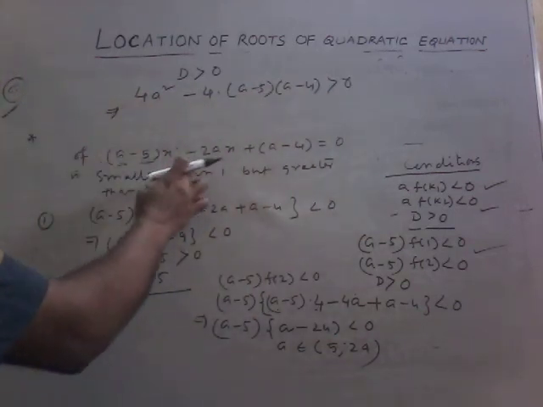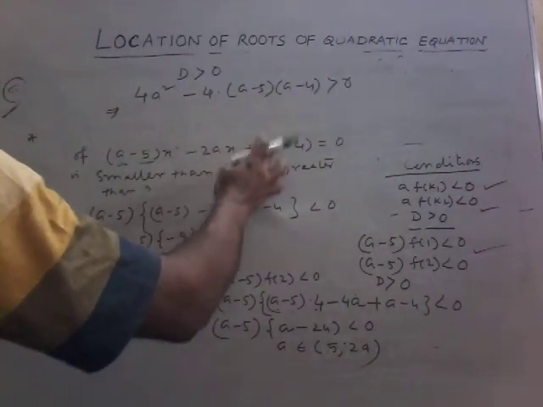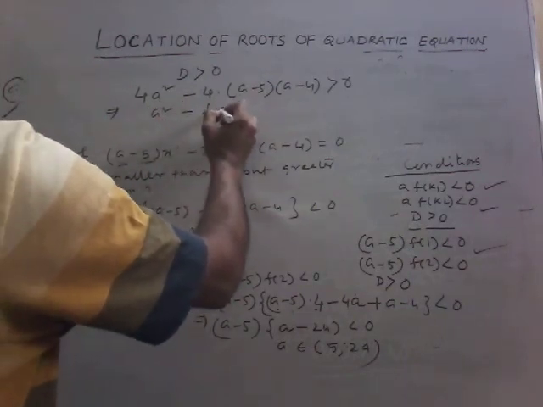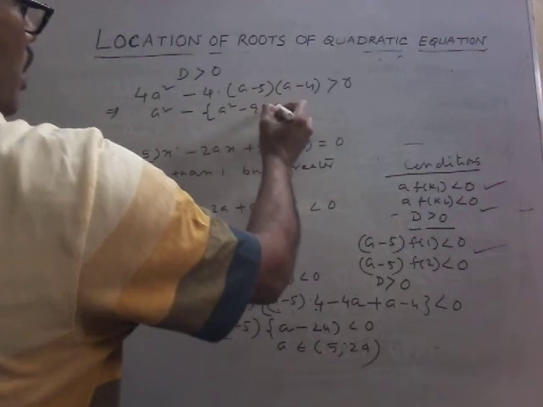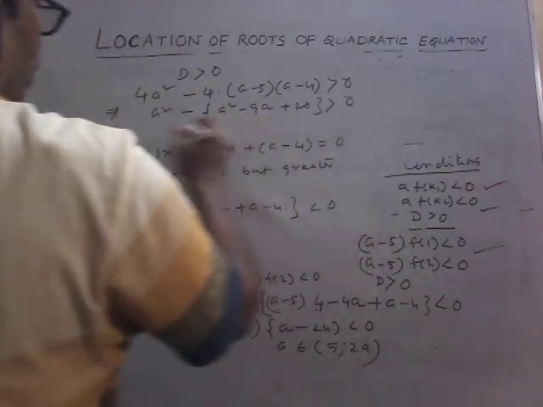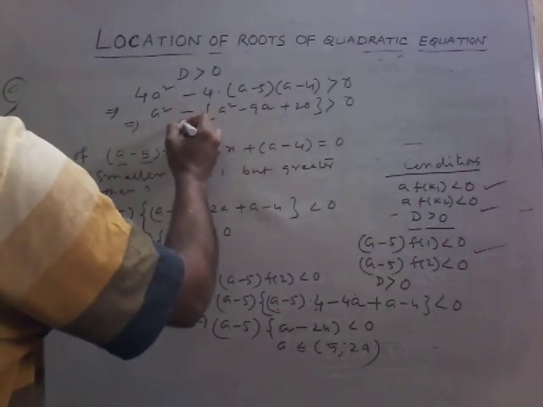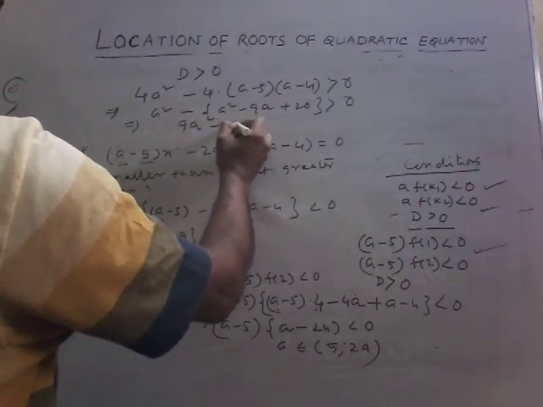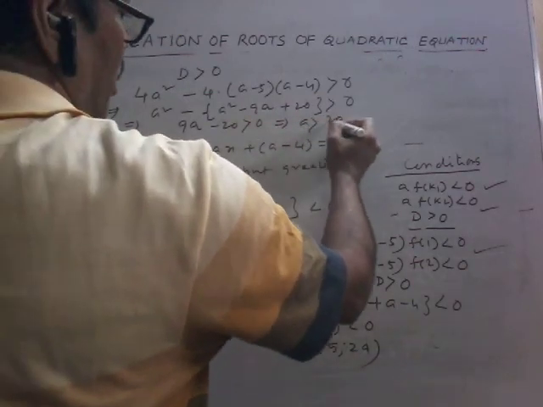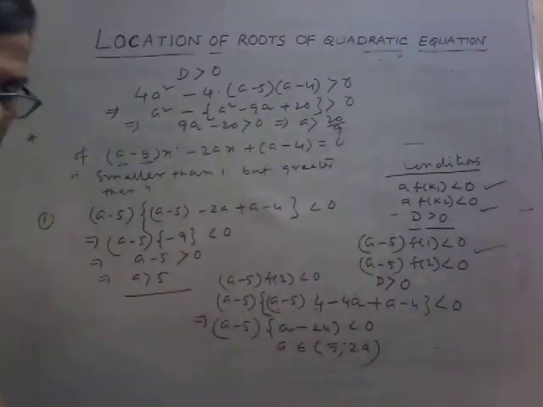Dividing by 4 square, a square minus 9a plus 20 greater than 0. So a square is cancelled, 9a minus 20 greater than 0. So a greater than 20 by 9.